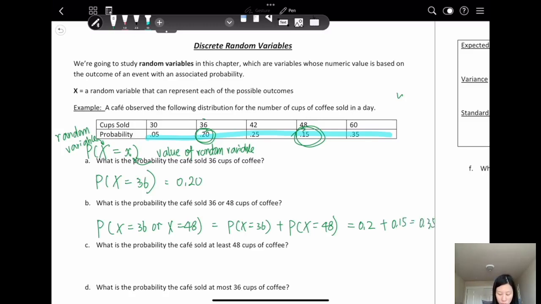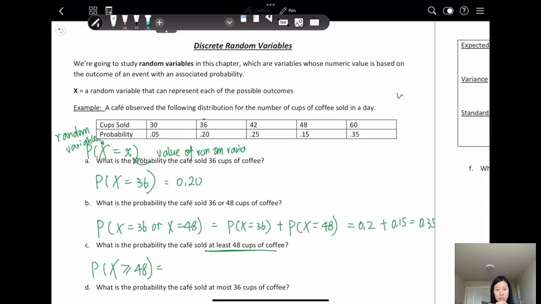Okay, the next one is, what's the probability that the cafe sells at least 48 cups of coffee? At least means greater than or equal to 48. Now let's take a look at the chart.